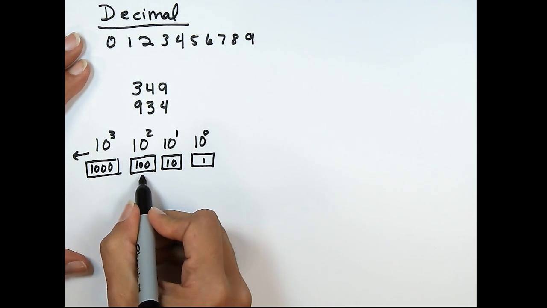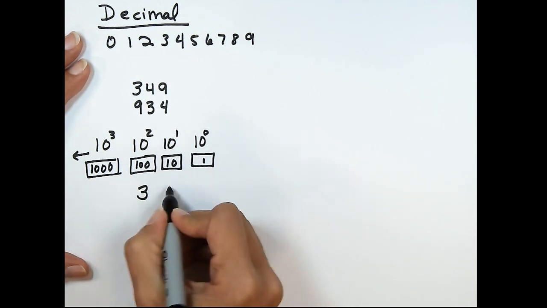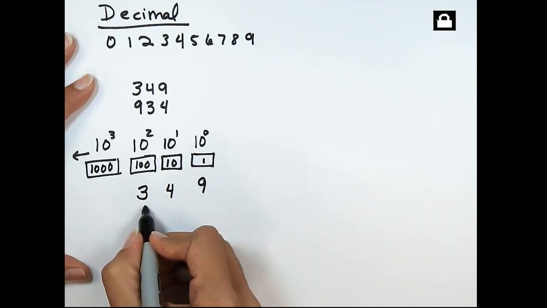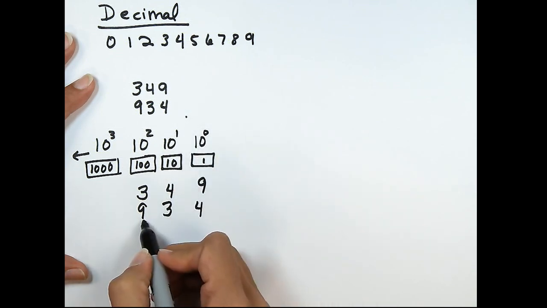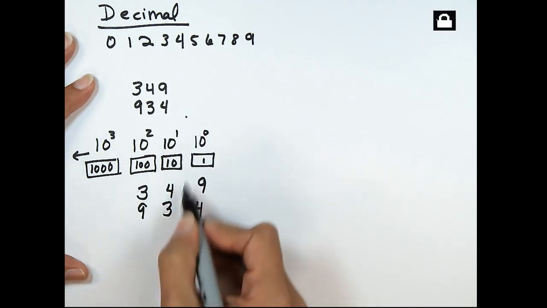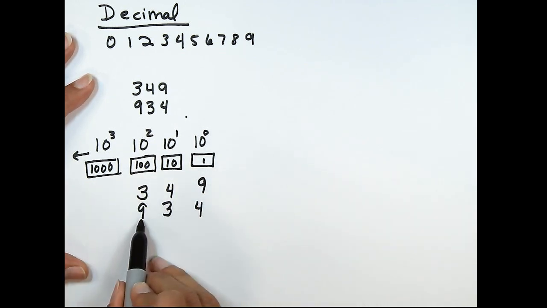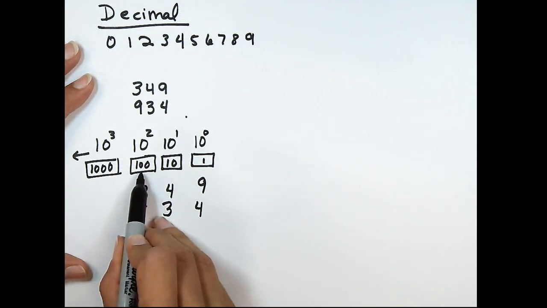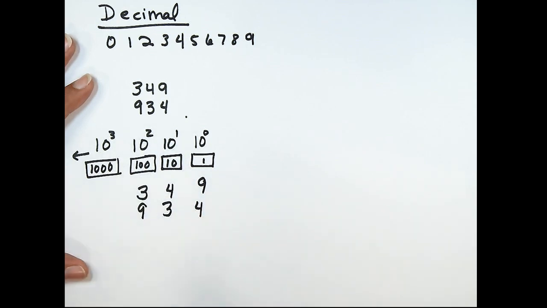So if I put a number in my hundreds place, like the 3, that means 3 100s, 4 10s and 9 1s, as opposed to having 9 3 4, like in the previous example. The 9 now means that it's in the hundreds place, the 3 is in the tens place, and the 4 in the ones. So the difference, again, is that the number means the same thing, but now it's in a different location, or the place value. And that's because we have 10 symbols, and the exponent tells you the place, or the place value quantity.